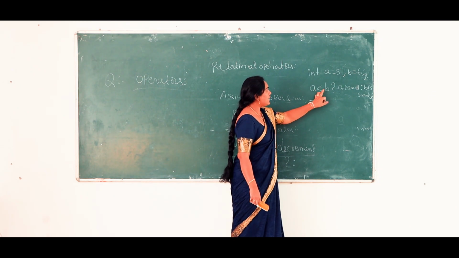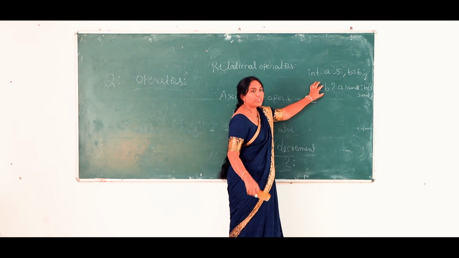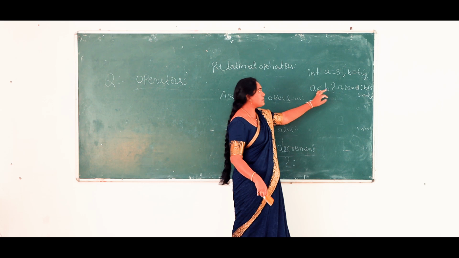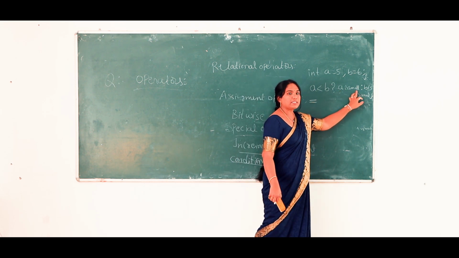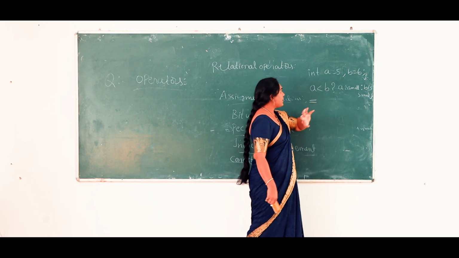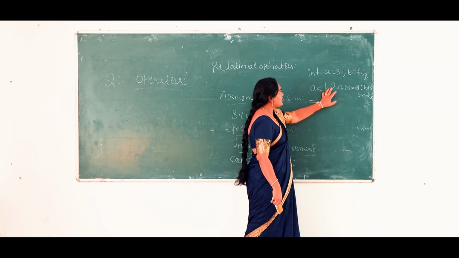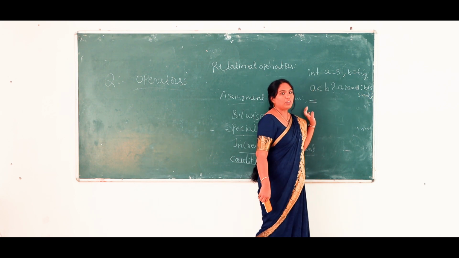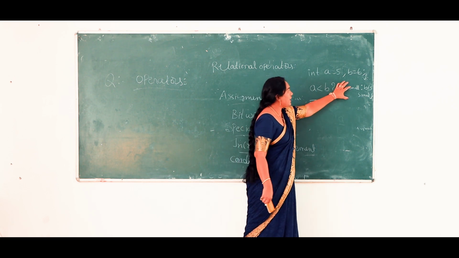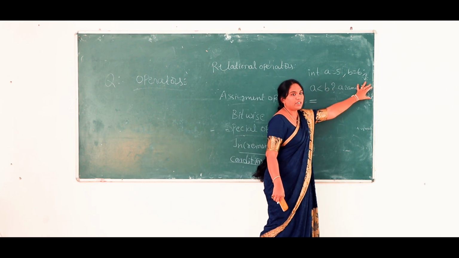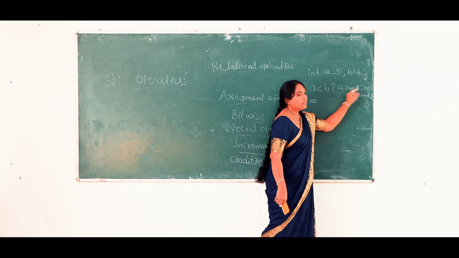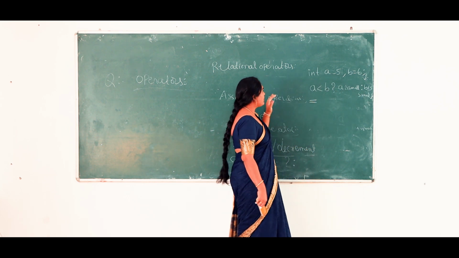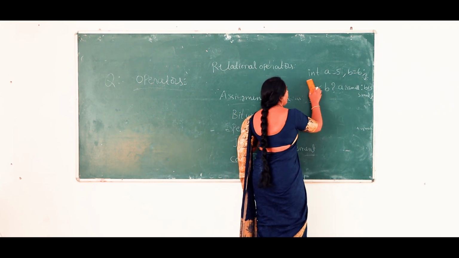If a is less than b, if it is true, is a small or not? Yes, a is small. Means it is true. If suppose it is false, which one is executed? b is small. True statement and false statement we can write here by using the question mark and a colon. Okay, this is about the conditional operator.